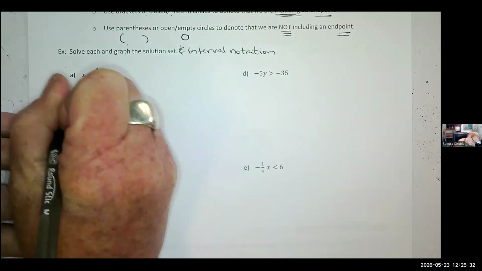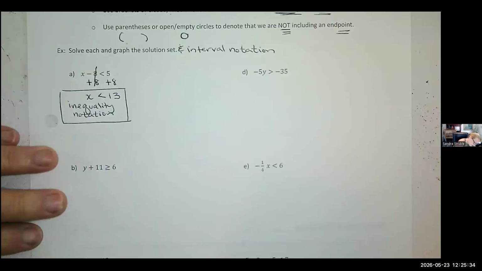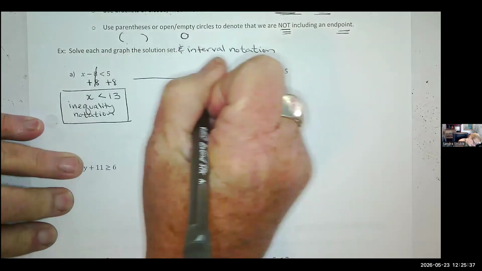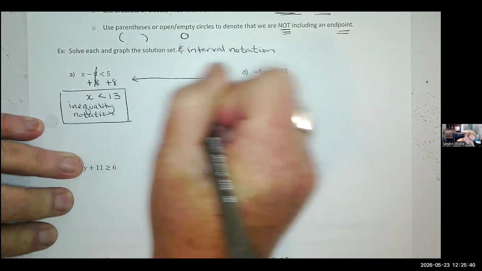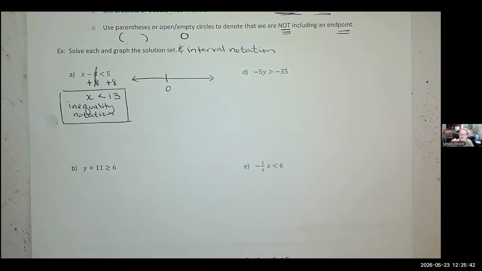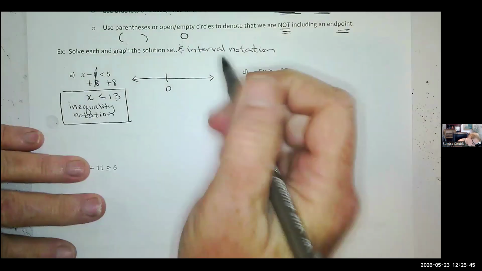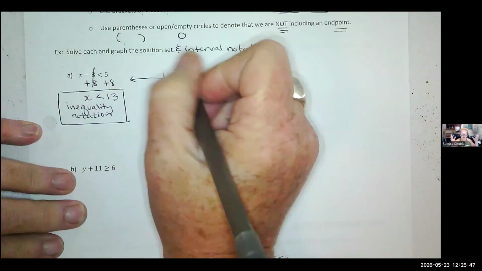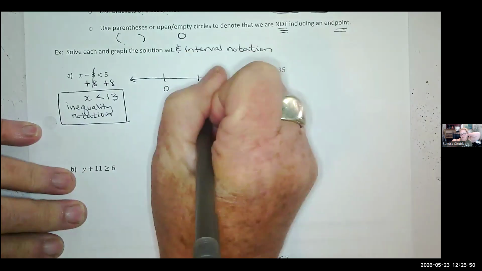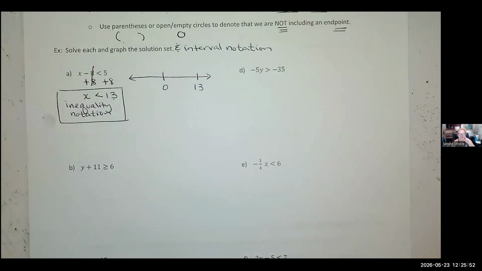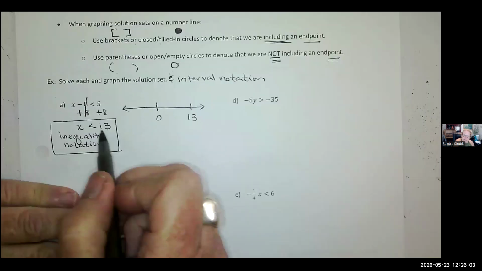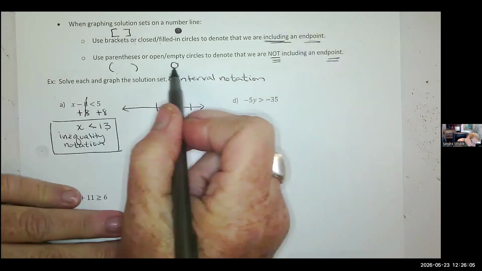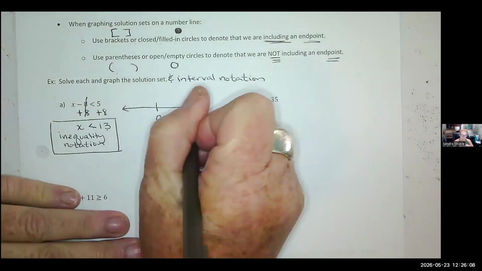Now I'm going to graph this. This is just a basic number line. I always like to have 0 represented, and then we also want 13. I'm not going to put hash marks up to 13; I'm just going to mark 13 there. Now I need to decide: does 13 get a circle or a dot? Is it less than or equal to, or just less than? It is just less than, so it gets an open circle on 13, not a closed-in dot.